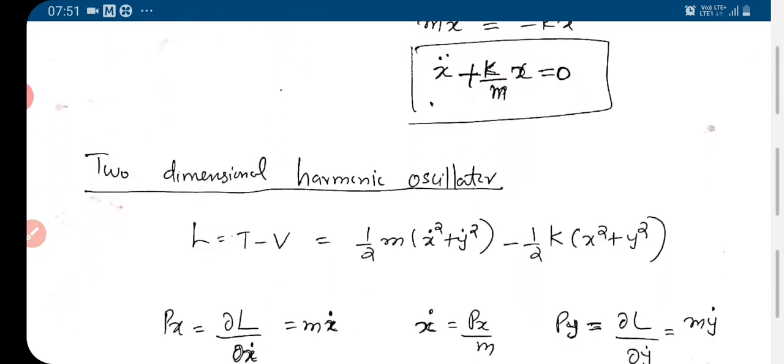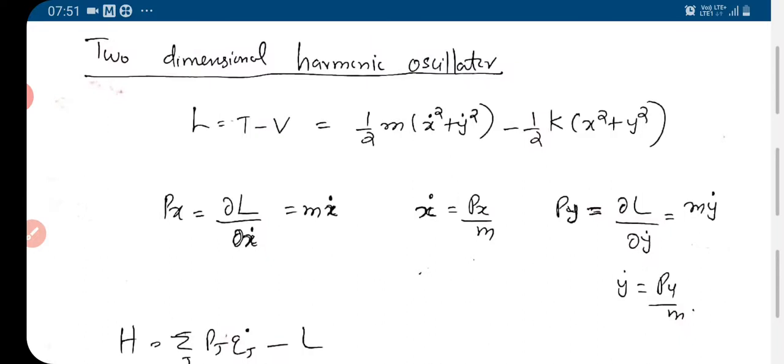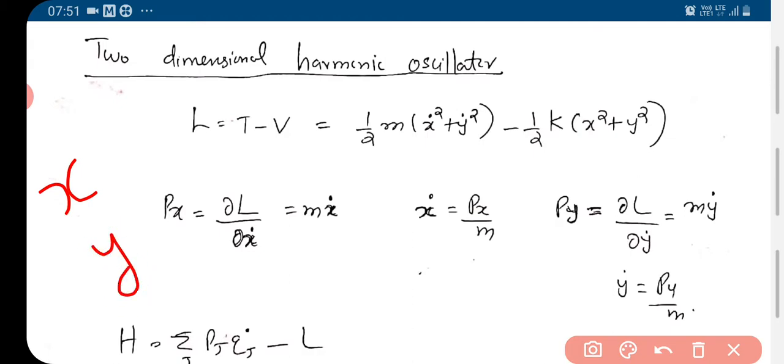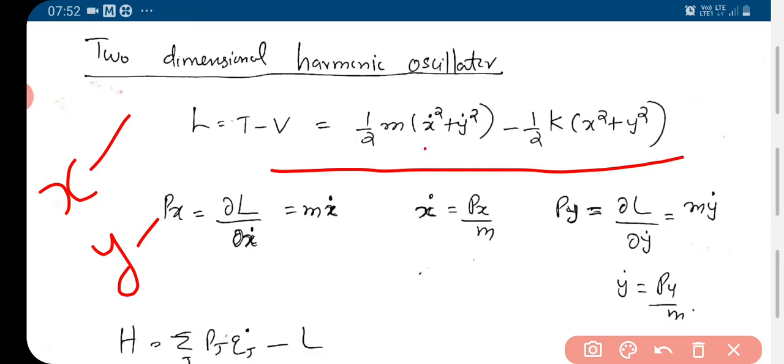Now we have the two-dimensional harmonic oscillator. So what will be the difference? We will have two variables, x and y. The Lagrangian is given by half m x dot squared plus y dot squared, the kinetic energy corresponding to the two variables, and the potential energy is given by this.